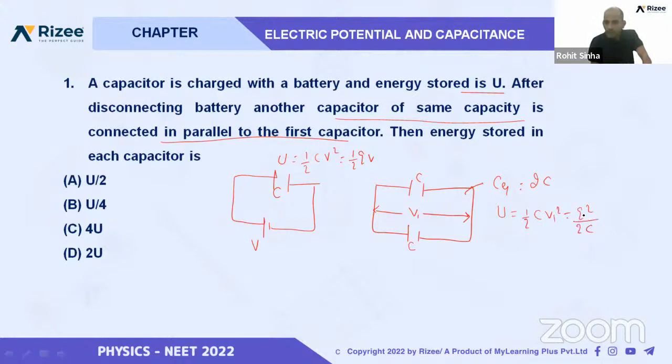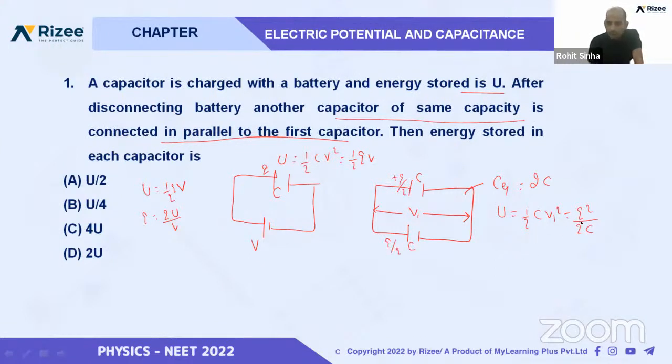Let us see, initially it had charge Q and potential V. We know that U is equal to half QV, that means Q was equal to 2U by V. The same charge was present here. The charge got distributed, and since both have the same capacitance, each will attain charge Q by 2.